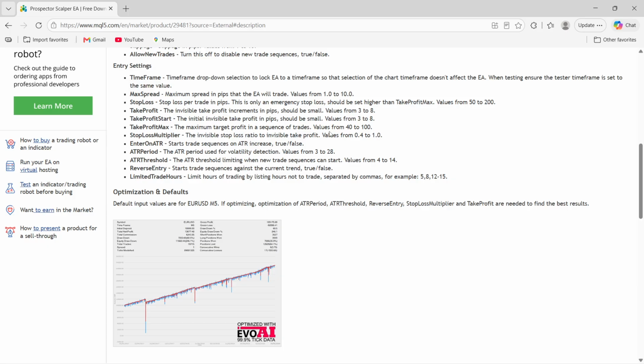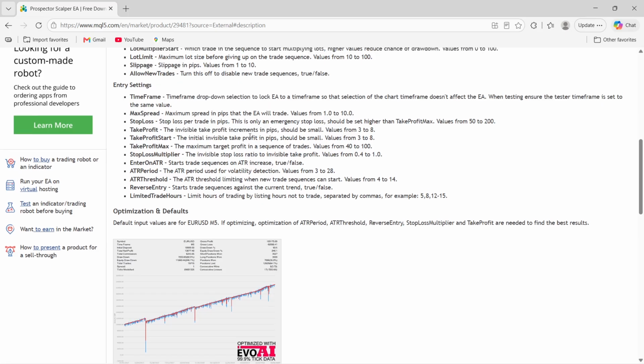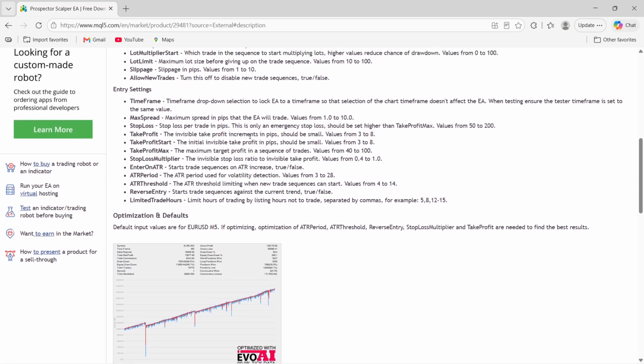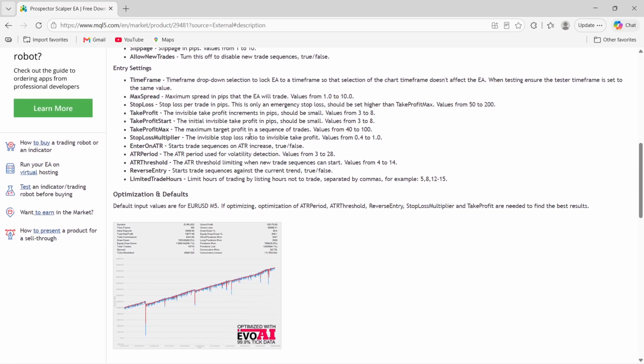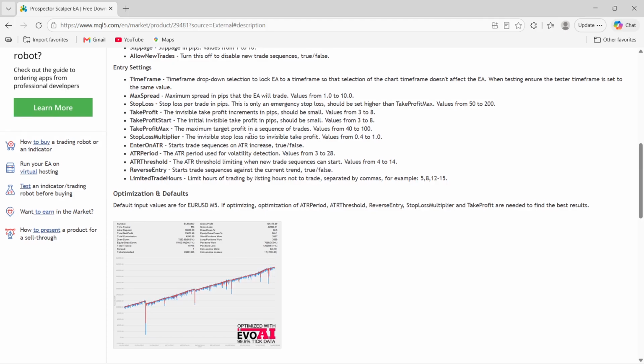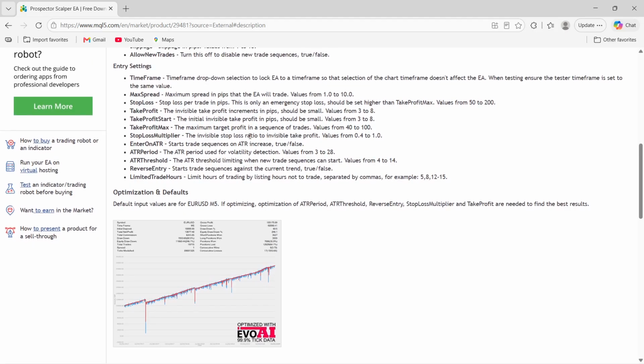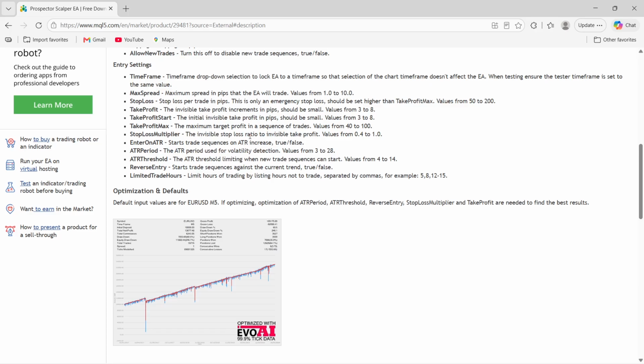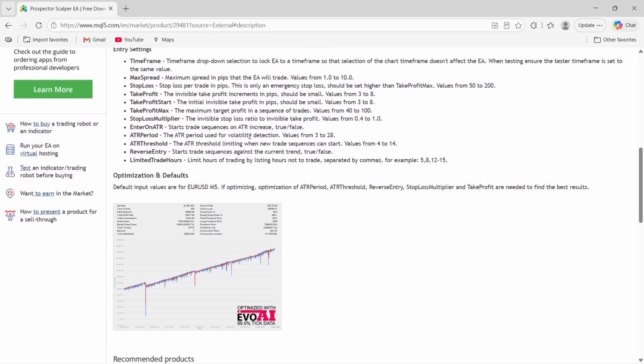The standout part is the hybrid lot multiplication algorithm. After a losing trade in this sequence, it can multiply the lot size starting from a small base like 0.01 or 0.02 lots, with a multiplier between 1.5 and 2.0, controls on when the multiplication kicks in, and a hard lot limit so it doesn't run away forever.